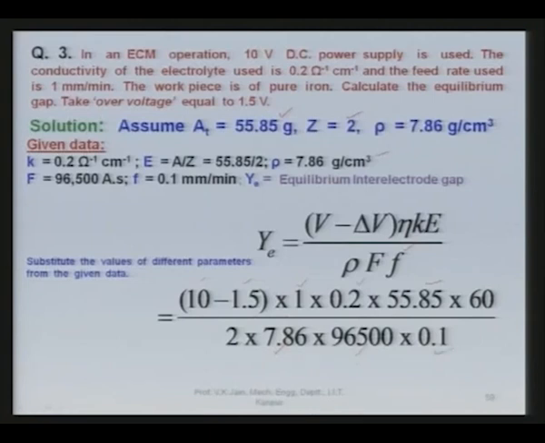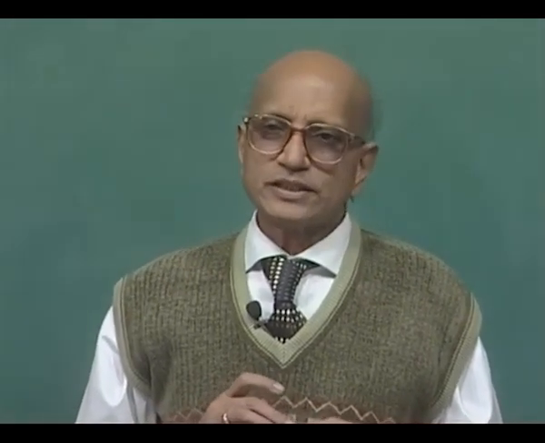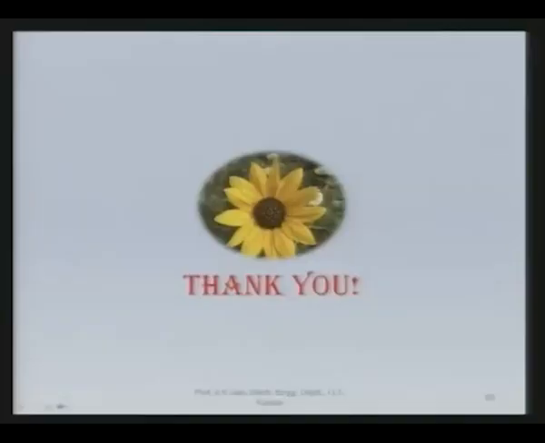Now, substituting all these values, we get Y_E is equal to 0.375 millimeter. So, this gives you the equilibrium interelectrode gap. In this way you can solve various real life problems using the theory that we have discussed in these two lectures. So, thank you very much.